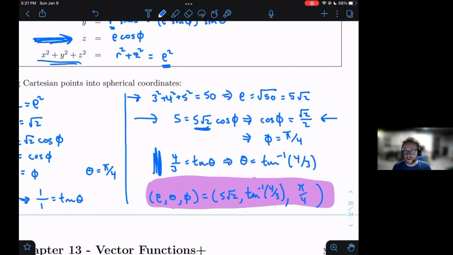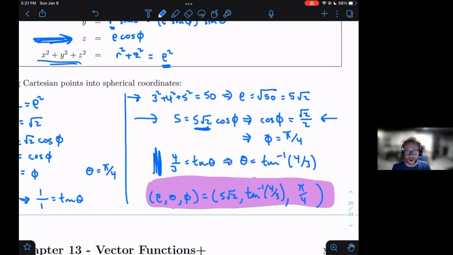When you try to solve for theta, there's no place on our unit circle of the nice values that we have memorized where tangent is equal to 4/3. And so in that case, we just need to get rid of the tangent. And the way that you get rid of the tangent is by applying a tangent inverse.